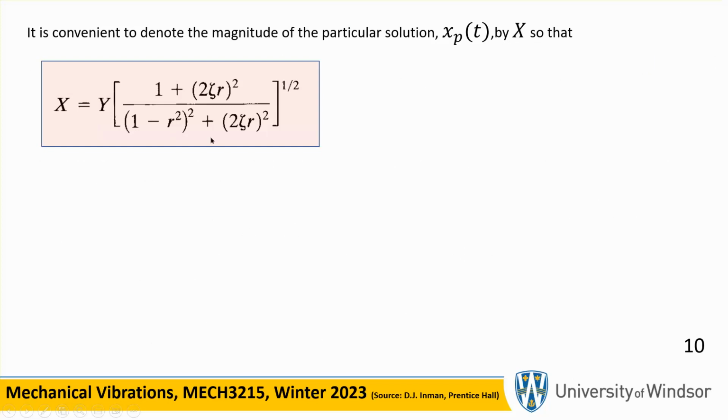And we have done this kind of thing before. Okay, so the amplitude of the oscillation of the mass is related to the amplitude of the oscillation of the base, this big Y. Remember, this was the amplitude of the oscillation of the base, multiplied by that.